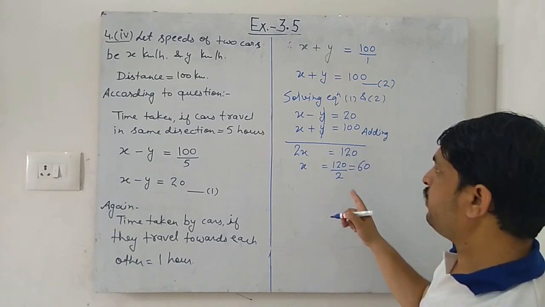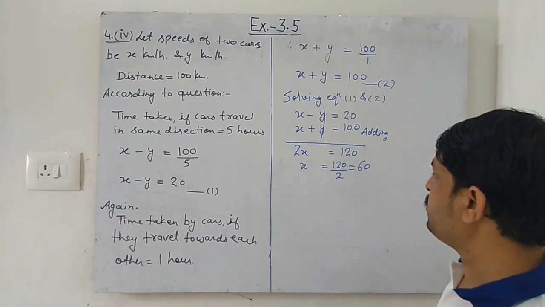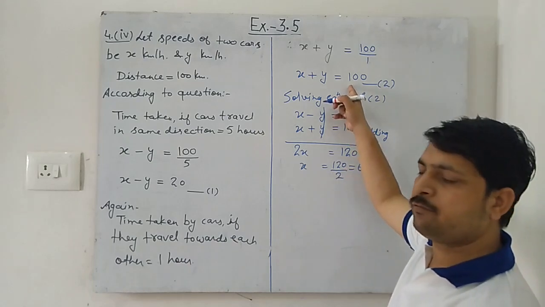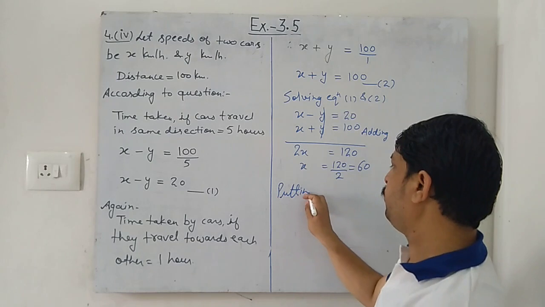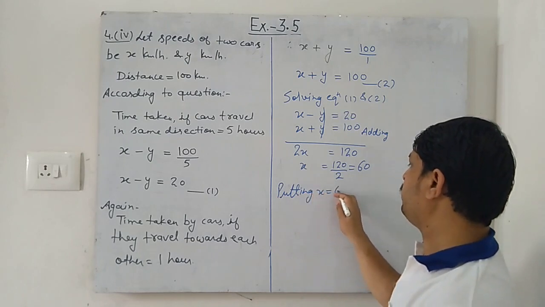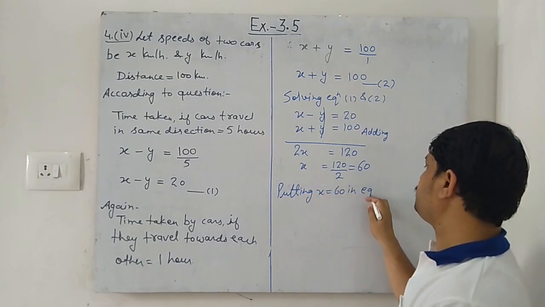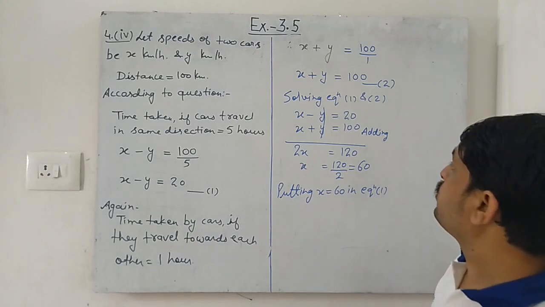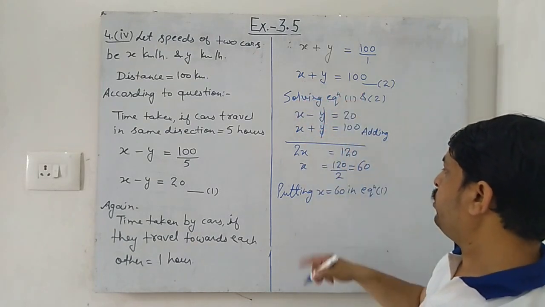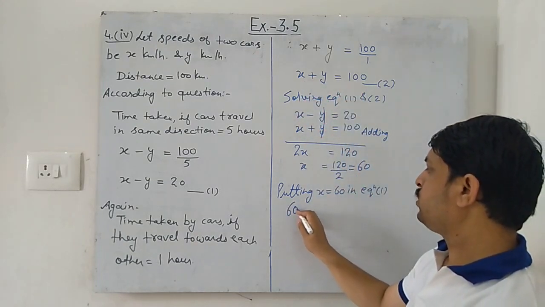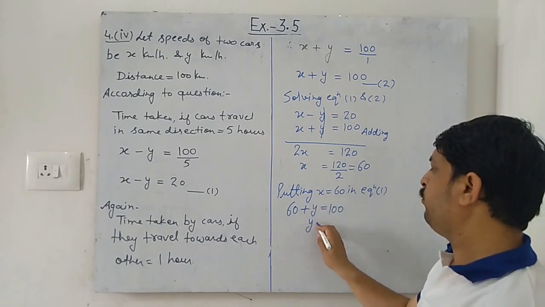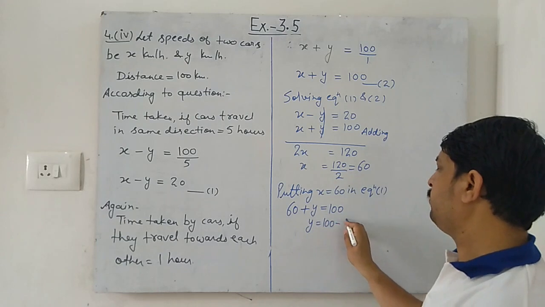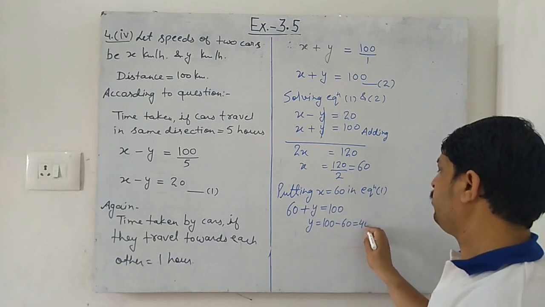We can put this value either in equation first or in equation second. So we are putting x equal to 60 in equation second. So x plus y equal to 100. x is 60. So 60 plus y is equal to 100. So value of y will be 100 minus 60, that is 40.